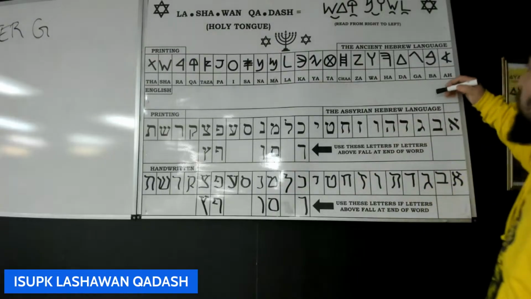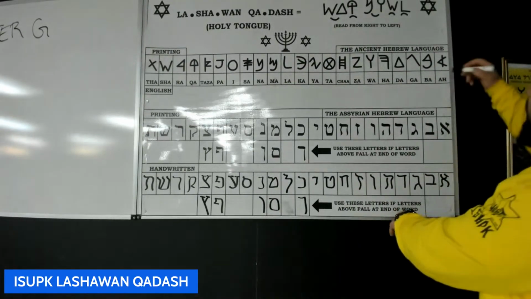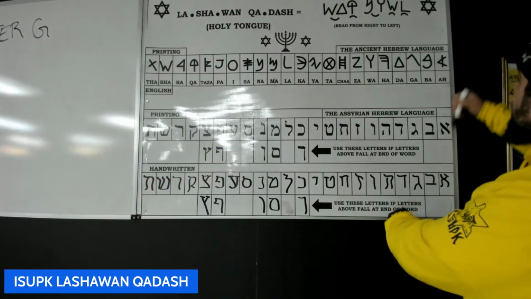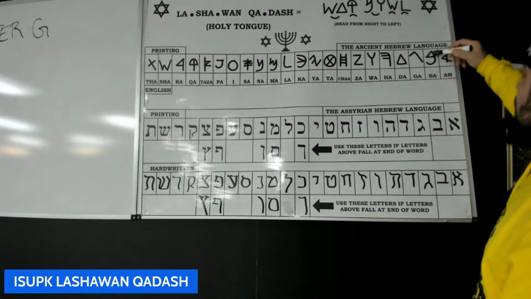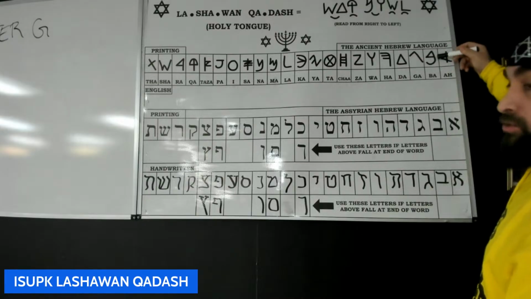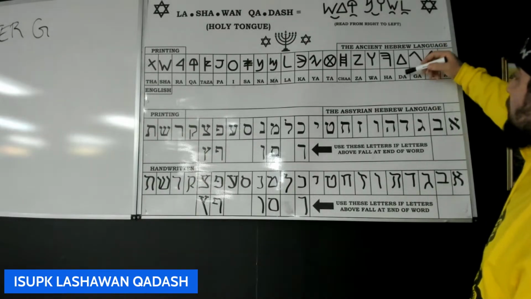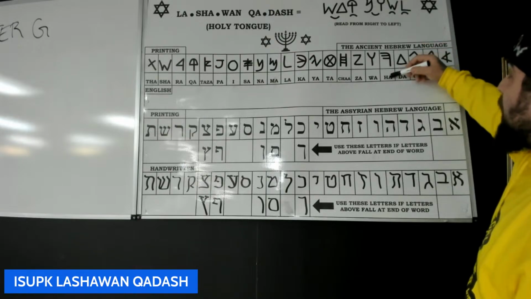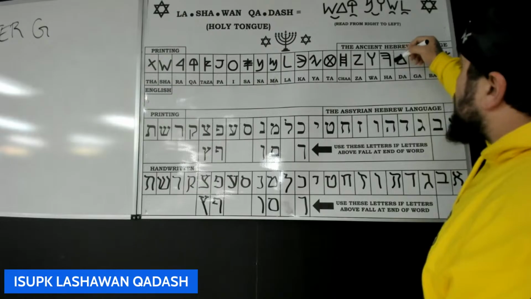All right, so there's the ancient A, basically written like a sideways A. Ba is written like a triangle. Ga is formed like a 7 in the angle. Da is like a triangle. Ha is like an F with two extra bars.